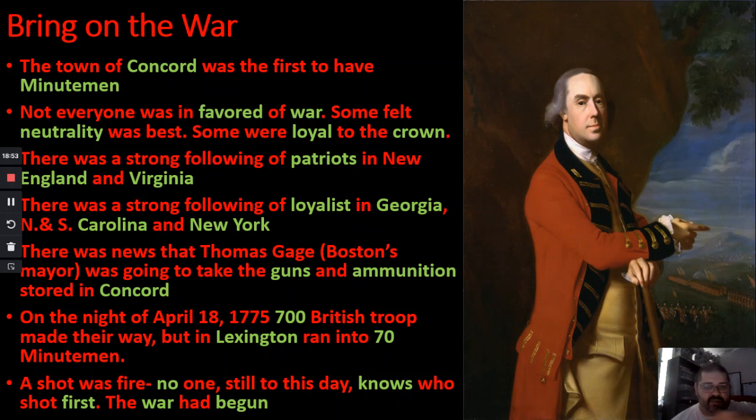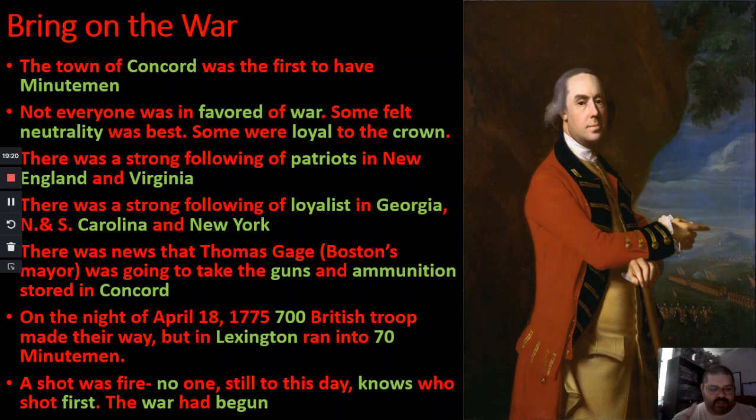Now, certain states were very, very patriotic. They talked about independence and breaking off and becoming our own country. Some of those were the New England states, Connecticut, Massachusetts, and things like that, and states like Virginia. Then you had some states that were very loyal. Again, not everyone was loyal, but a majority of the people there were.